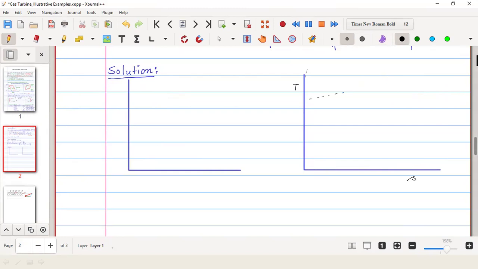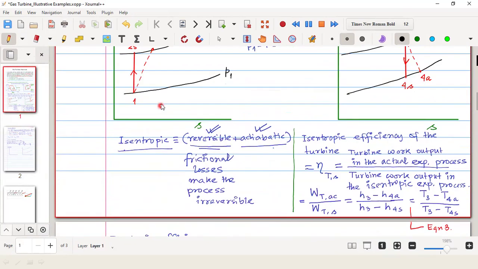As we know that there are deviations, so we will show the deviation and then confirm the process, and finally we will draw the tick lines. So we will simply draw like this.